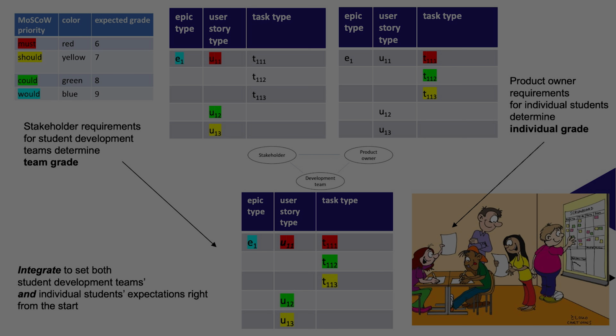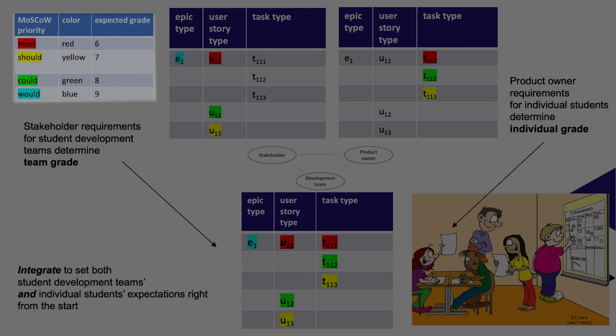Let's combine it. Now we're going to talk about the abstract user story table with grading priorities. When we have an abstract user story table with educational building blocks that are ought to be learned by students in a course, it's important to use the MoSCoW priority scheme to set the expectations of students. Students will get individual grades and team grades.